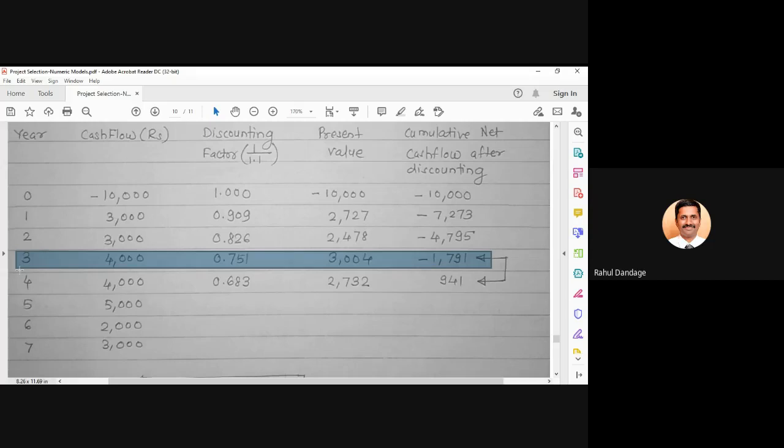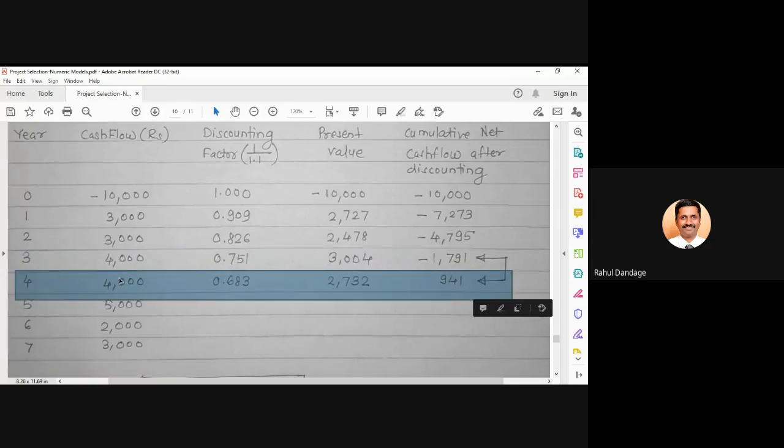Then moving to the next period number 4. 4000 as it is given. 0.751 divided by 1.1 is 0.683. This 0.683 discounting factor multiplied by the cash flow 4000 will give us the present value as 2732.